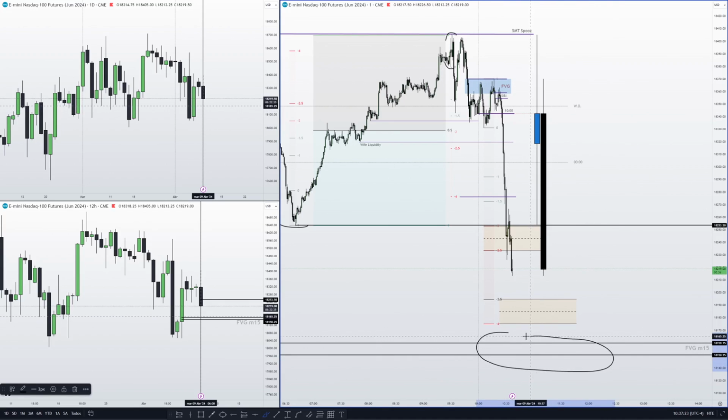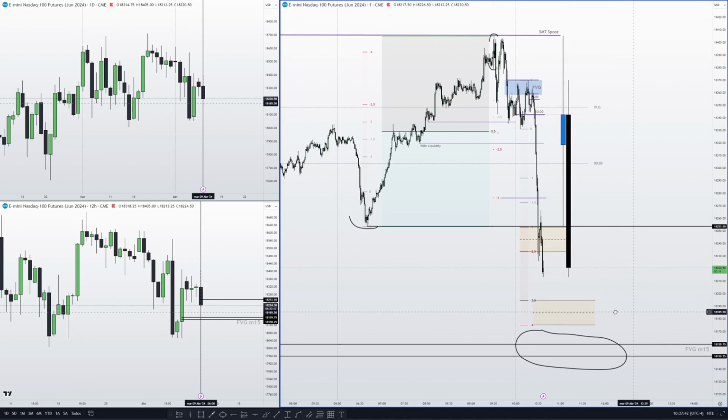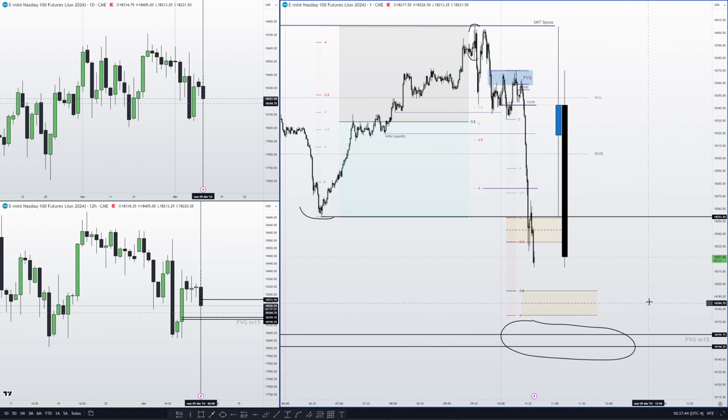If price printed one SMT with Dow, it's probability here. The price printed the low of the week in this fair value gap, 15 minutes. But it's only one idea for the moment. So patience. It's important the SMT printed in the higher time frames in the NFP lows.